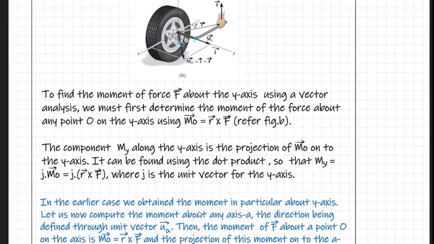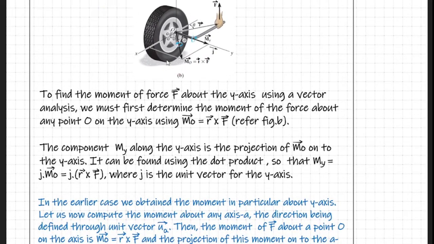That is, MY is the magnitude of the component of vector MO along the y-axis. It is obtained as J dot R cross F. Remember here, J is the unit vector along the y-axis and R cross F indicates the total moment computed about any point O on this axis.